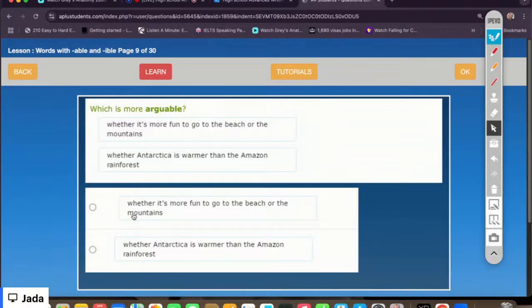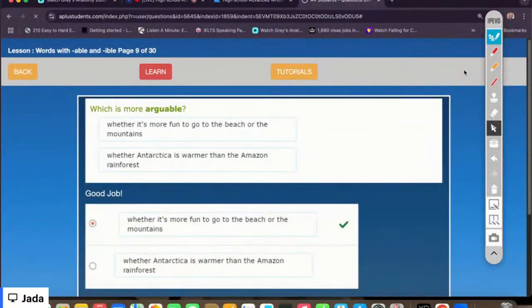All right, so we have the first one. Of course, we already know that Antarctica is colder.